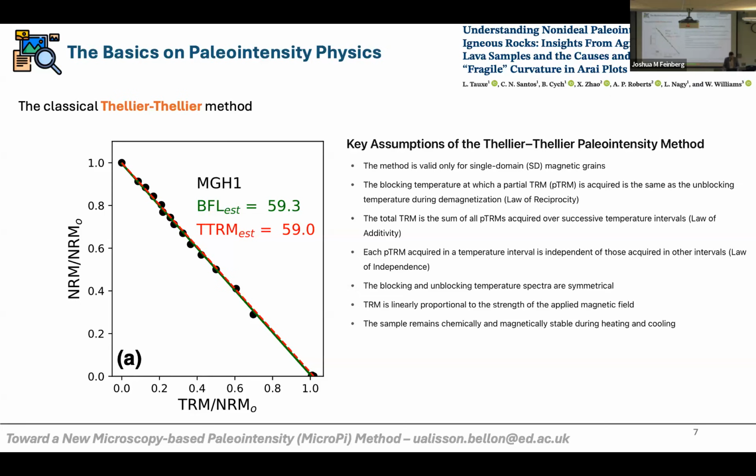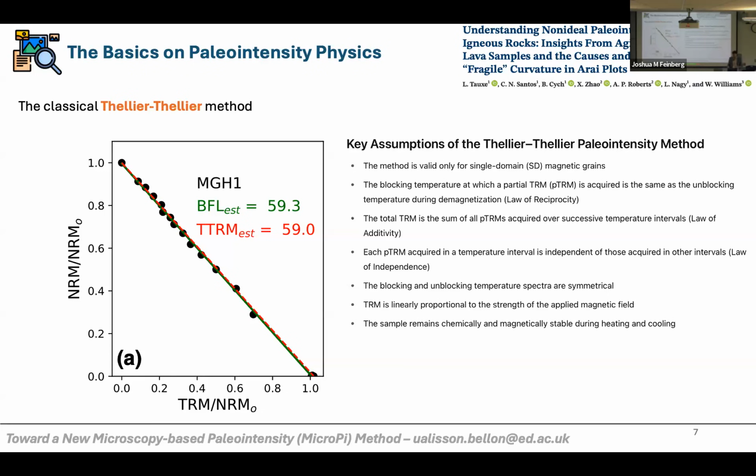We need to have the law of additivity, which says that the sum of all the partial TRMs are going to be added in one successive interval, and that each of these PTRMs are individually independent and not interfering with each other. So there are so many assumptions for this.